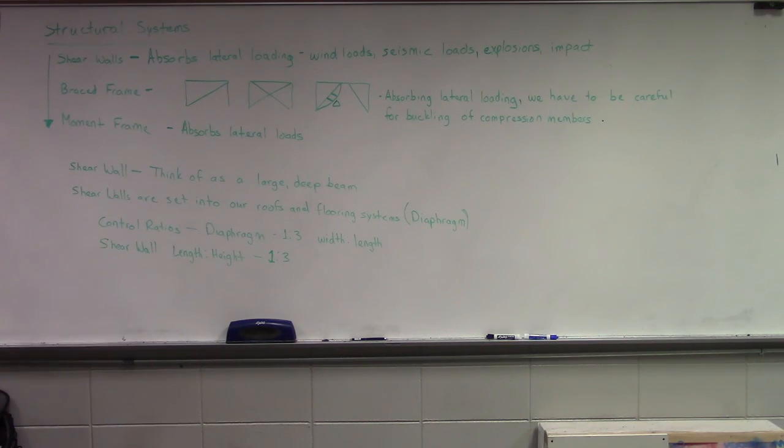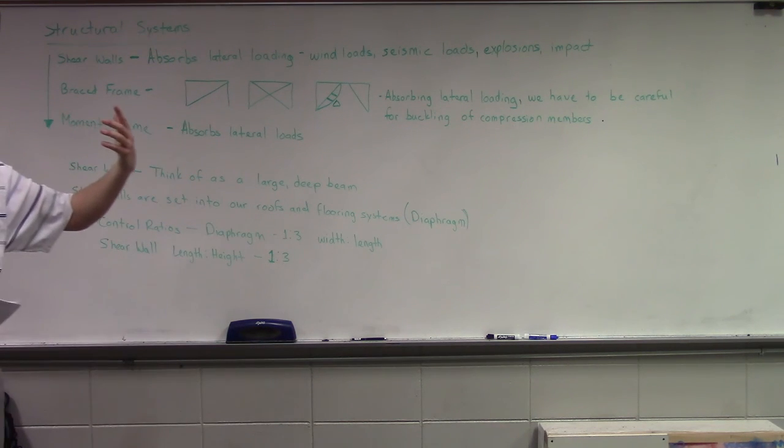Okay, so we talked about buckling in a braced frame. Keep in mind too, with our braced frame, do we necessarily just have to do this in our walls? Can we also brace our flooring systems? Yeah. Okay. So if we can treat these as large, deep beams, and then we can look at bracing them, right? Isn't that what we did with the trusses?